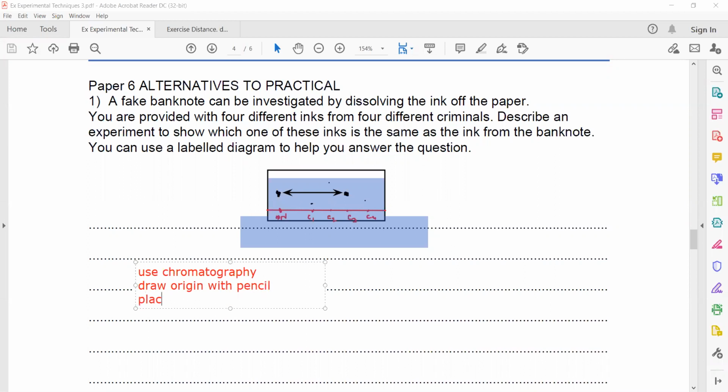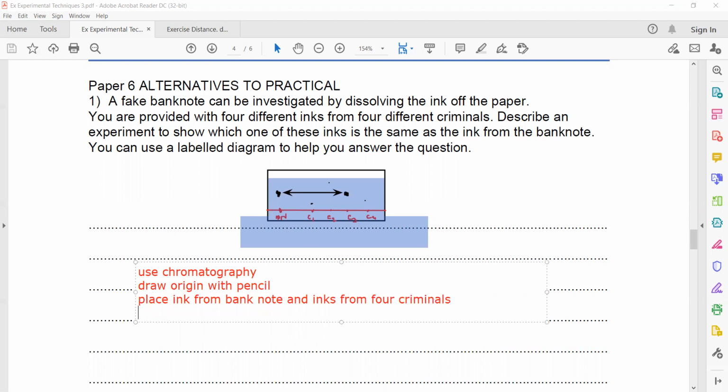Then we will place ink from the banknote and inks from the different criminals. Then we will use a suitable solvent here, like you can mention water.